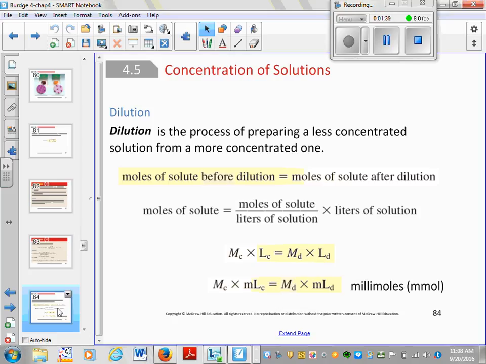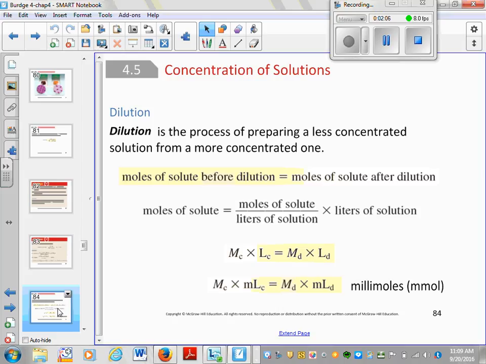So how do you calculate that? We can say the molarity of the concentrated solution, that's what the subscript C means, times either the liters or milliliters of the concentrated solution is the molarity of the diluted solution times the liters of the diluted solution.